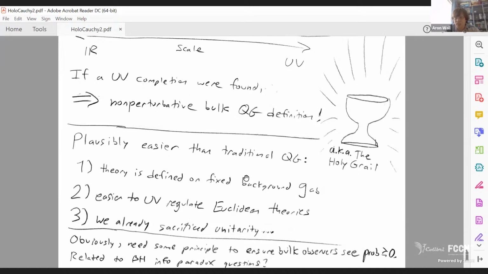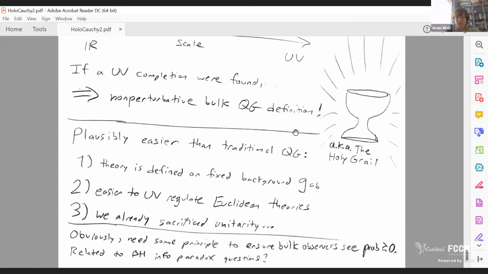So the traditional non-renormalizability problem of quantum gravity also involves irrelevant deformations, but on the boundary side, we have some things helping us. One is that the theory is actually defined on a fixed background metric. Yes, you can vary it, but you can also hold it fixed and just treat it like a field theory.